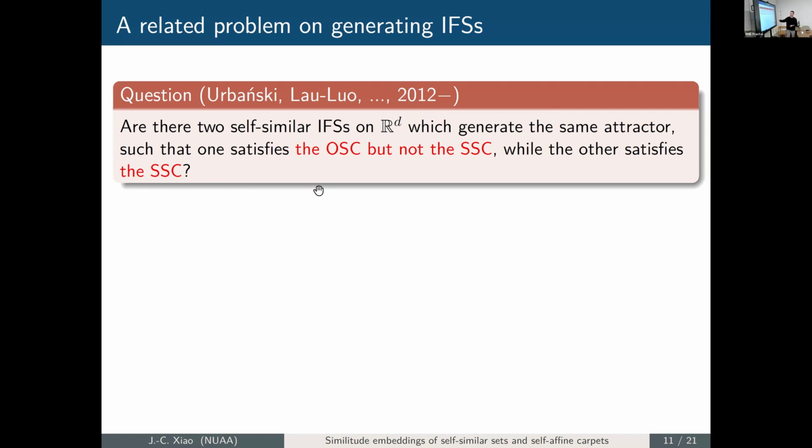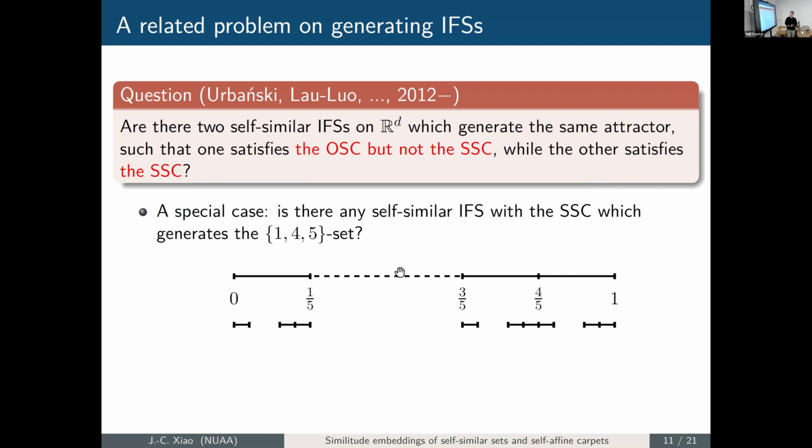For example, we have in hand a self-similar set for which one generating IFS satisfies the open set condition but not the strong separation condition. It would be very nice if we could find another generating system of it which satisfies the strong separation condition. The strong separation condition is a little bit nicer than the open set condition.